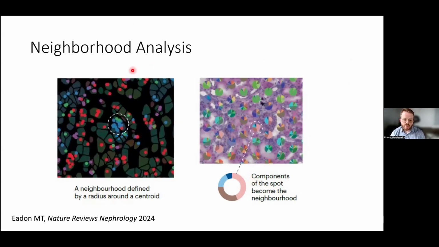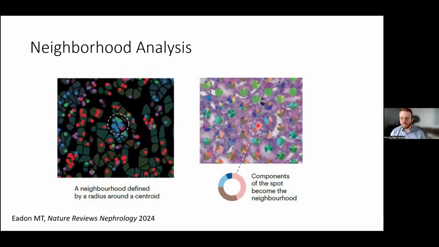So then we essentially use a neighborhood analysis, or a niche analysis, right? If you have single cells, you can understand the neighborhood or niche as all the cells that surround a particular cell within a specific radius. You could do first contacts, but you could also define a radius and count all the cells that are there.